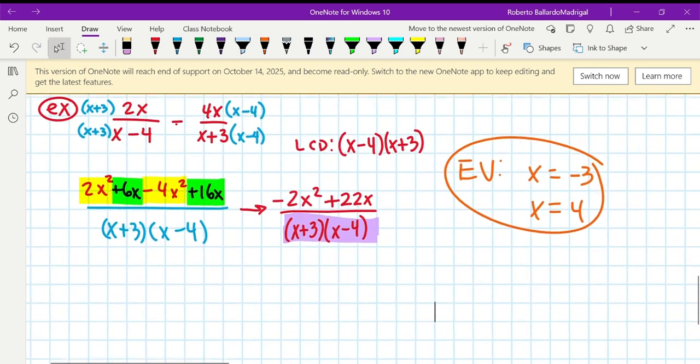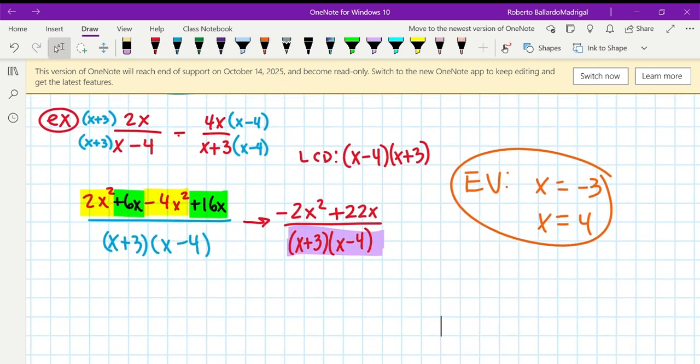All right. Are you guys ready for your next example then? Okay, here is your next example. I'm going to have you guys write the following down, please.